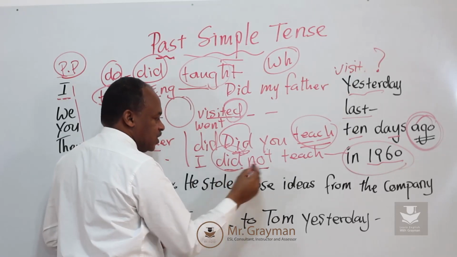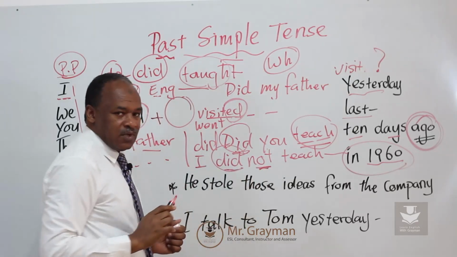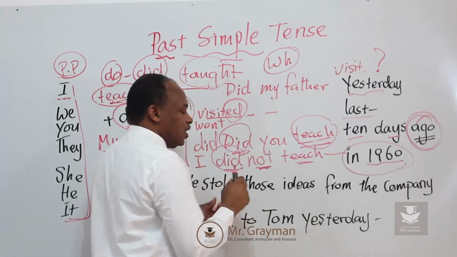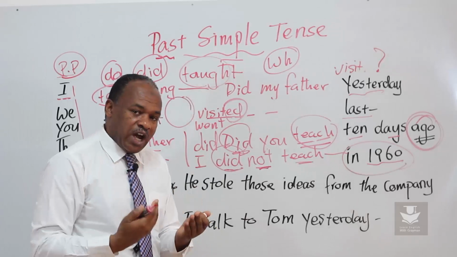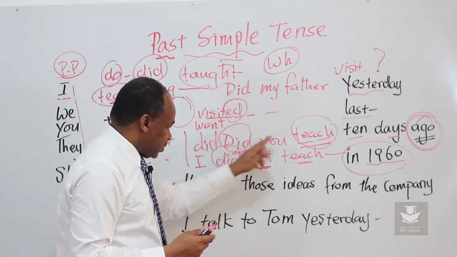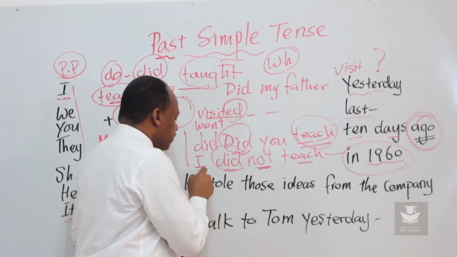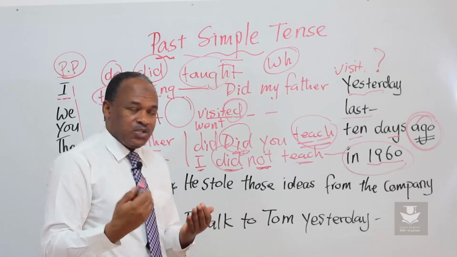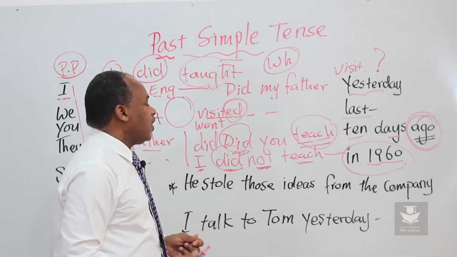Did here is in the past, plus not, plus the infinitive, not the past. Did you teach English in China? That's the question. Okay, I did not, that's the negative. I did not teach English in China.